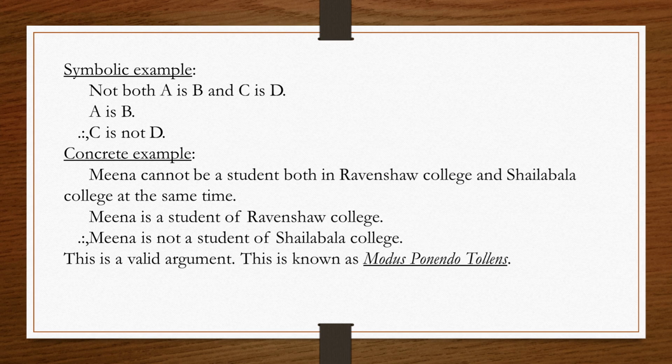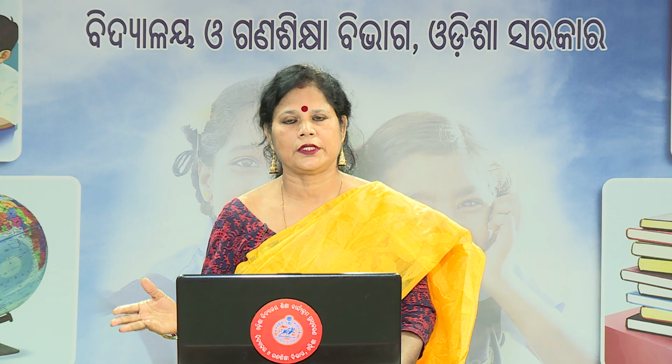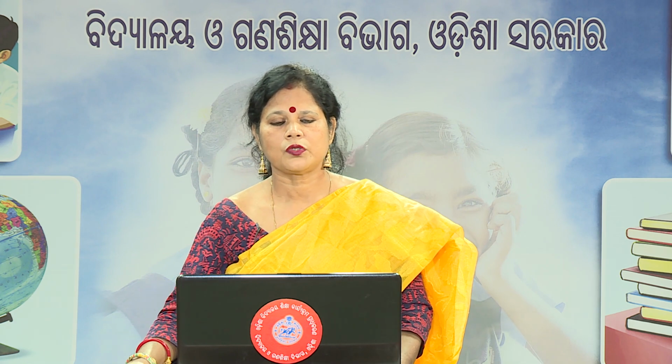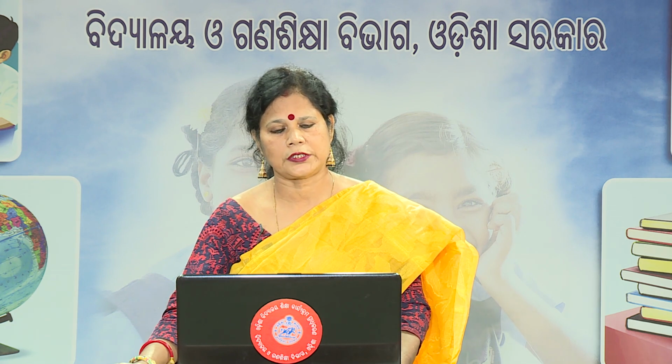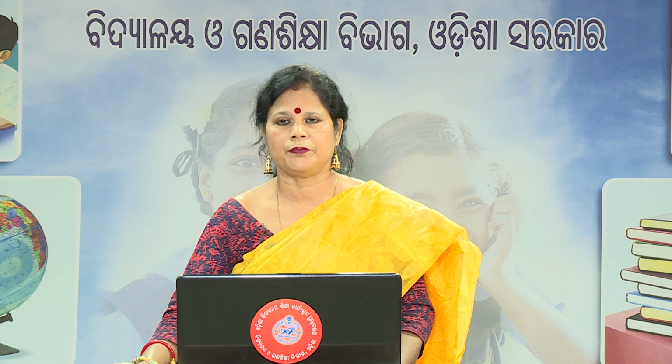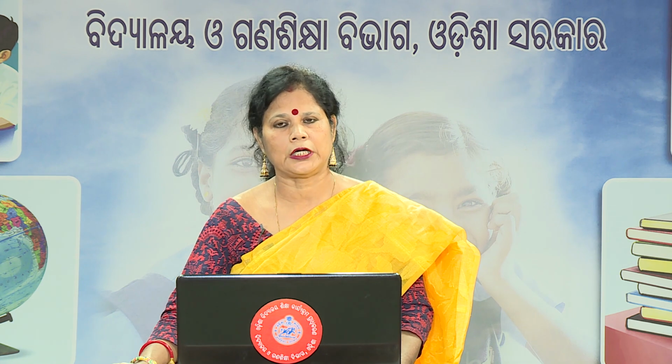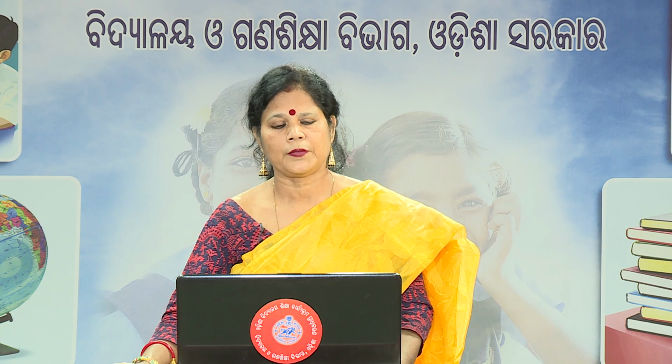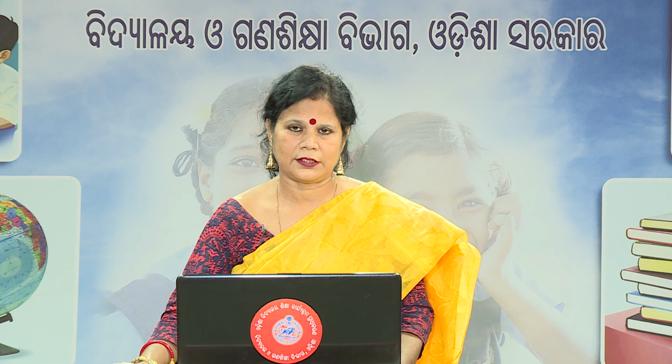Now, according to the rule, what will we do? We have to affirm one of the alternatives in the minor premise. Then we have to deny the other alternative in the conclusion. So, in the minor premise we say A is B, we affirm one alternative. Then in the conclusion we will deny the other alternative.